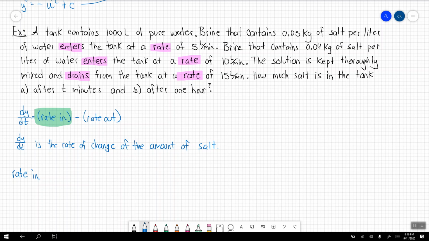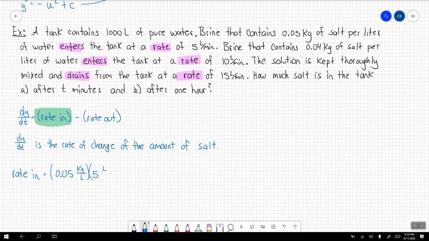First of all, the first brine that I'm looking at contains 0.05 kilograms of salt per liter of water. Okay, so that's going to be my first rate. Now if I want that rate in versus rate out, I'm going to say this rate is coming in at 5 liters per minute.